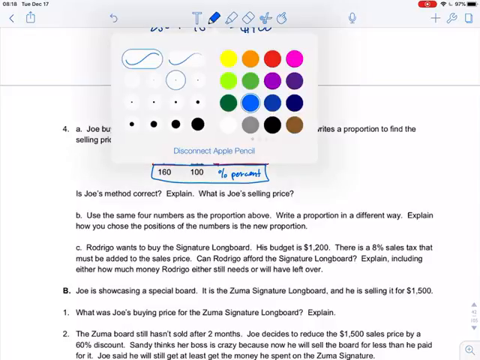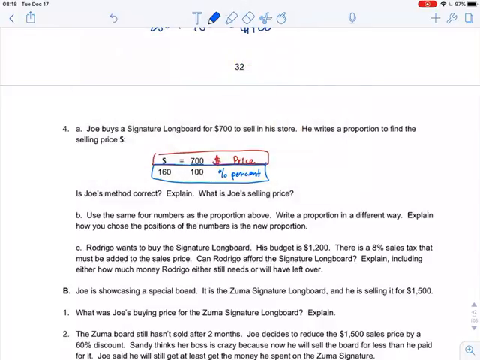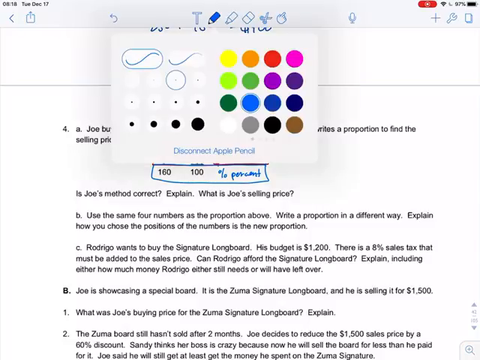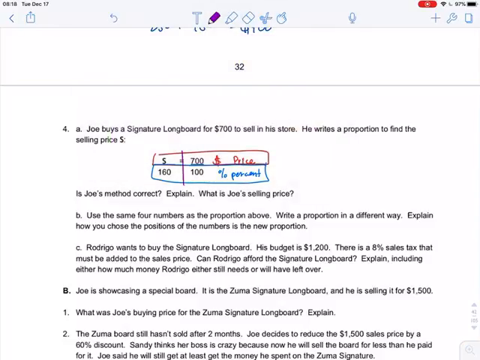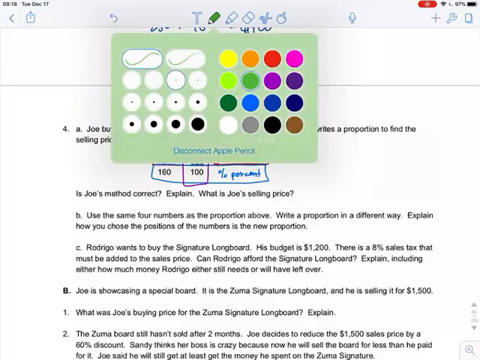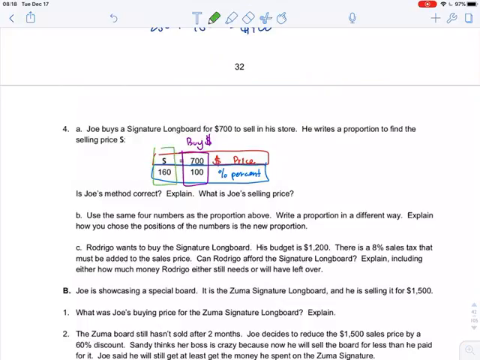Yes, his proportion is set up correctly. This represents price on the top, percent on the bottom. Now, the one over here represents buy price, okay? And the one on the other side represents selling price, okay?